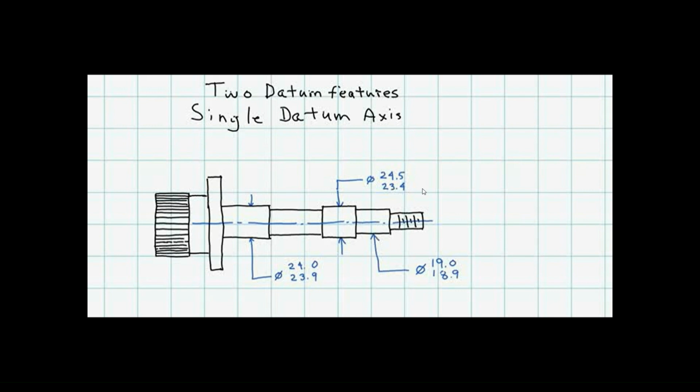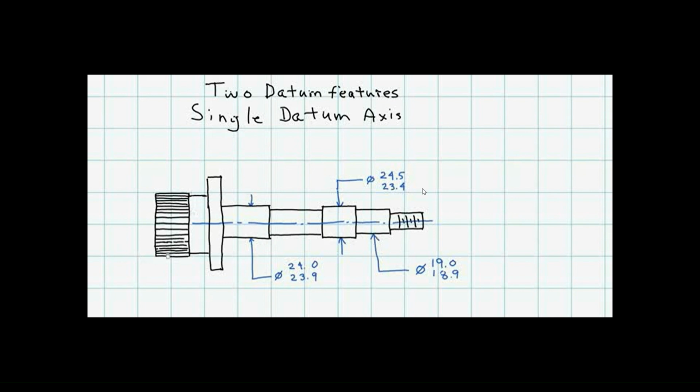We also have a secondary bearing feature, size 24 to 23.9. And what we want to do is to relate another diameter at this 19 to 18.9 back to those two bearing contact features.